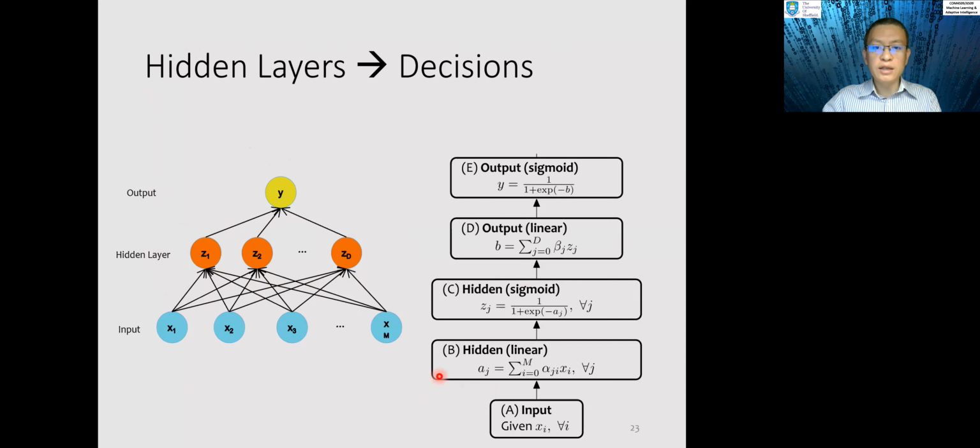This is actually the logistic regression neural network we have seen in the last session, which has a linear combination of the input and a sigmoid activation function.